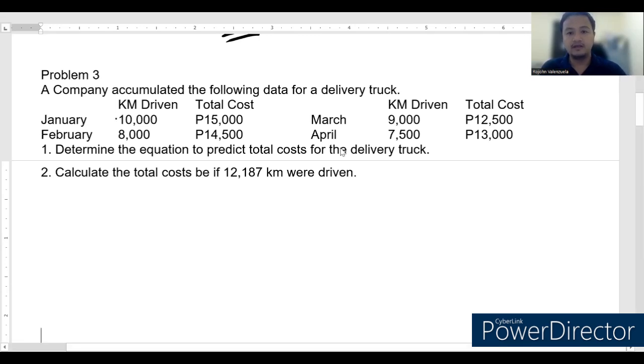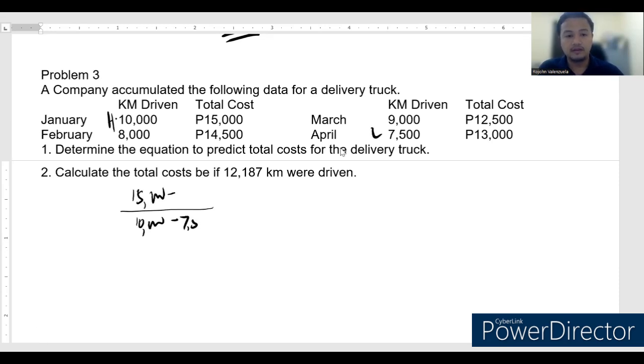Get the highest activity. We have 10,000 is your highest activity. The cost of it is 15,000. Next, we have your lowest activity. You have 7,500. Ang total cost niya is 13,000. Okay?